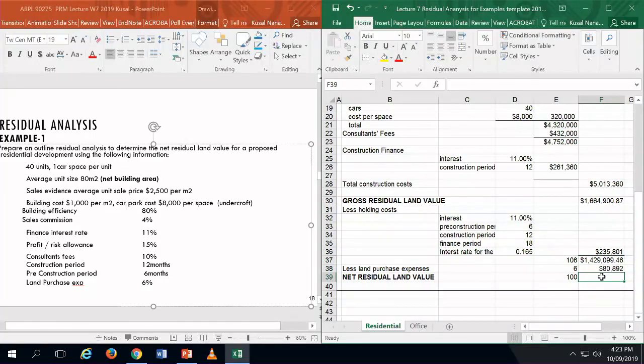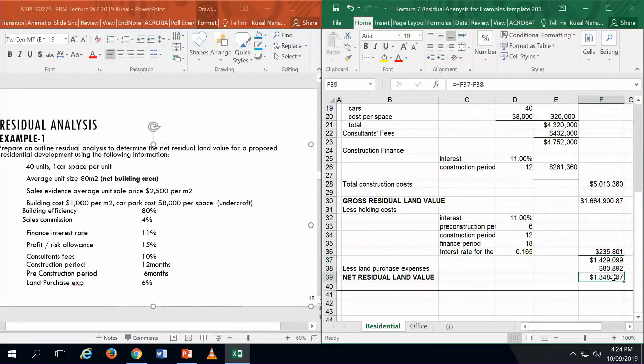And then net residual land value is 1,348,207.